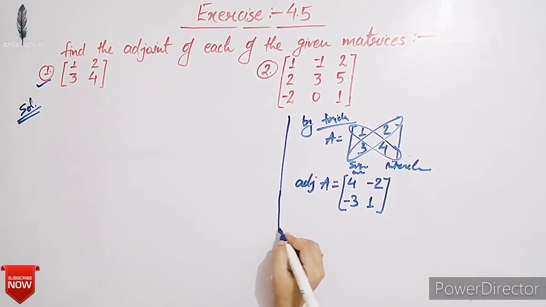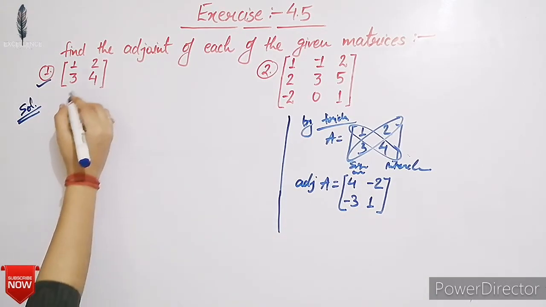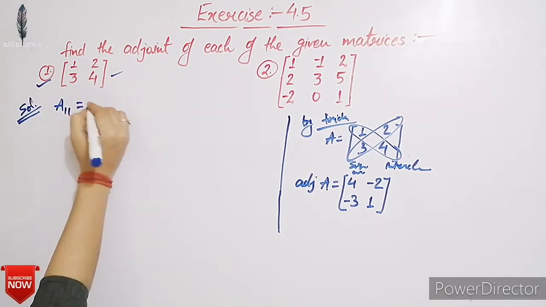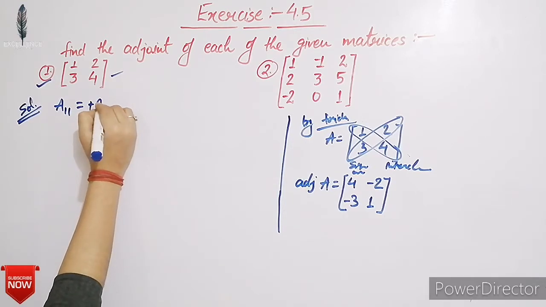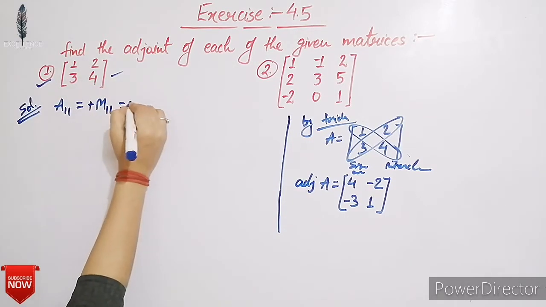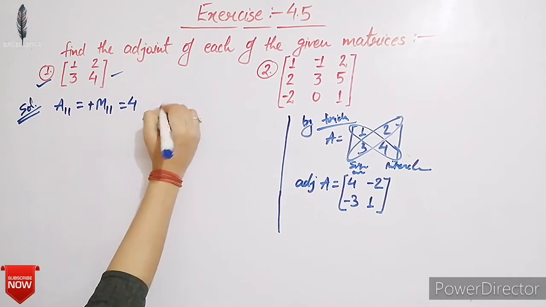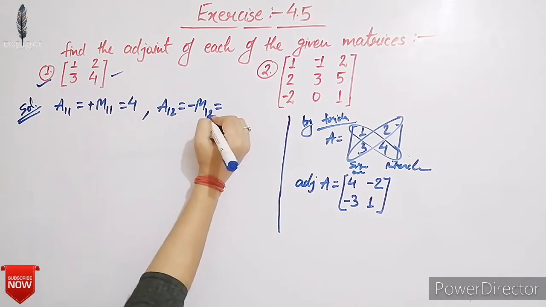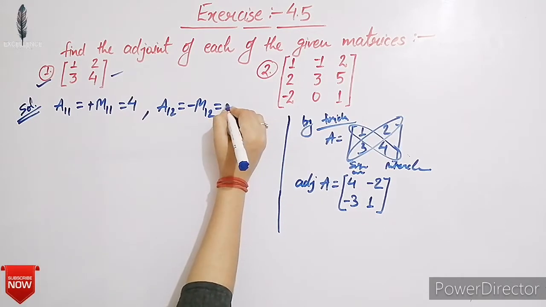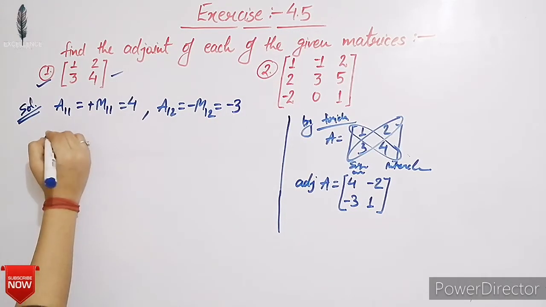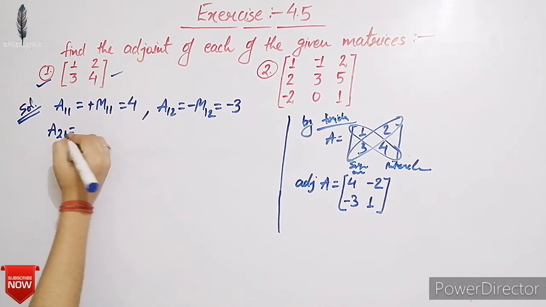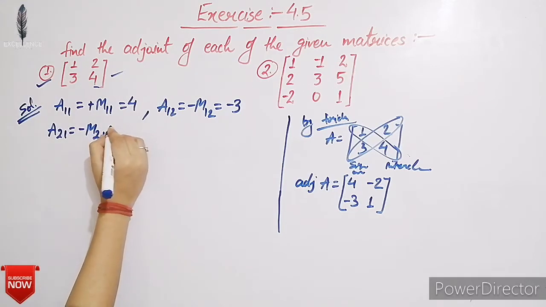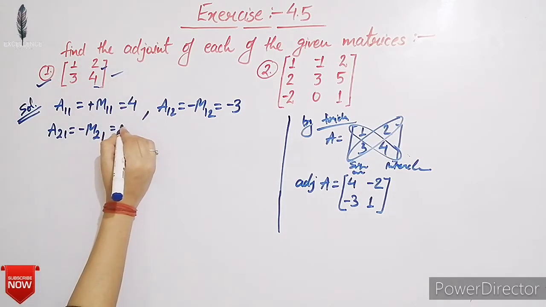Now, let's solve it by using the process of the matrix of cofactors. First, we have to find the cofactors: capital A11 is positive M11, equals 4. Now, A12 is negative M12, that is -3. Now, A21 is minus M21, that is minus 2.